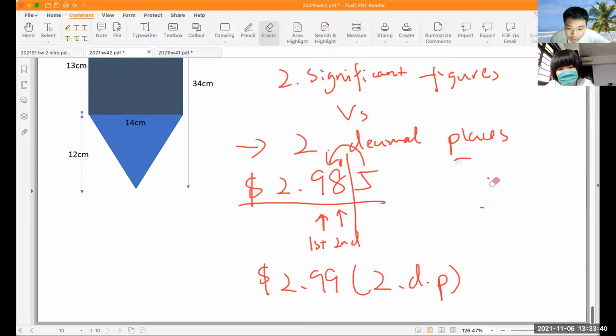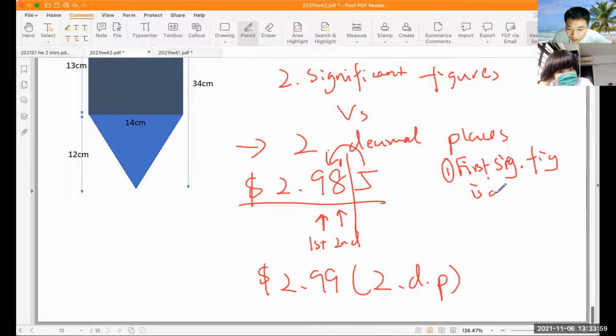For 2 significant figures, you need to know that the first significant figure is a non-zero number. That's it. The first significant figure is a non-zero number.